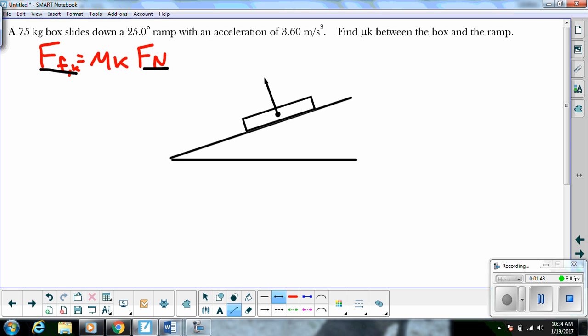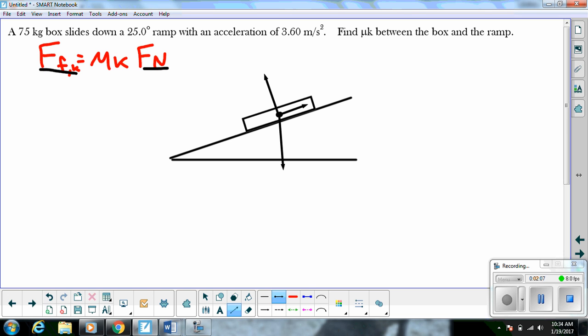Here is the normal force that is perpendicular to the surface of the ramp. Here is the gravitational force, which will always point to the center of the earth. Here's the frictional force.